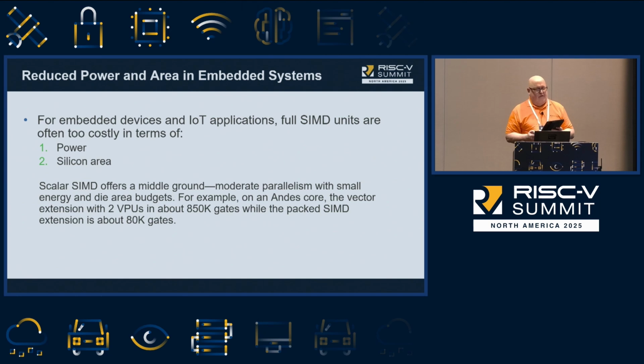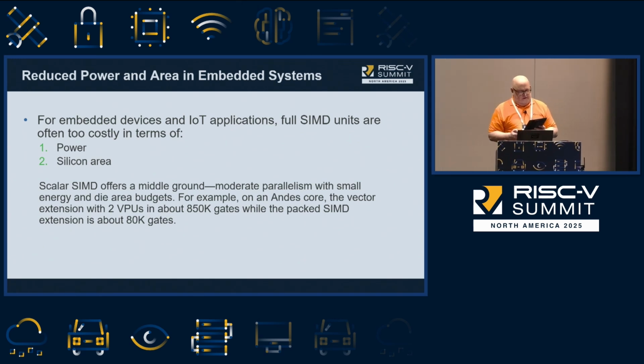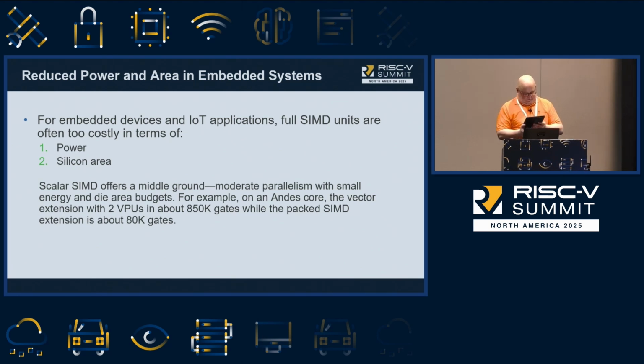So there's quite a bit of difference in the performance, in the size of the units, and the Scalar SIMD offers a middle ground, moderating parallelism with small energy and area budgets.